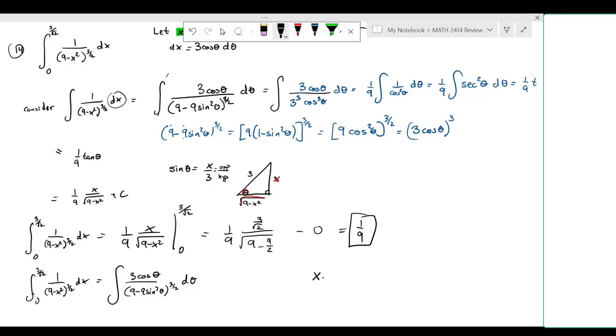So we said that x is 3 times sine theta in the substitution. Then we reason, when x is 0, what would theta be? Well, sine of 0 is 0, and that's the correct range for theta, so theta would have to be 0.